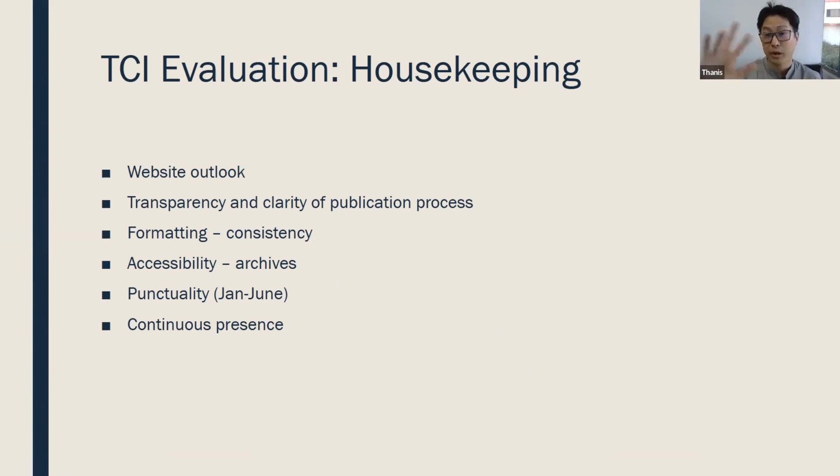At least you must have 1 or 2 available online already, to signal the beginning of that issue. So this is something that is very important for journal people. So if you say Jan to June, in Jan, at least there must be some articles right there to be qualified as punctual. Okay, and also with the continuous presence, like I said, you have to keep posting announcements.